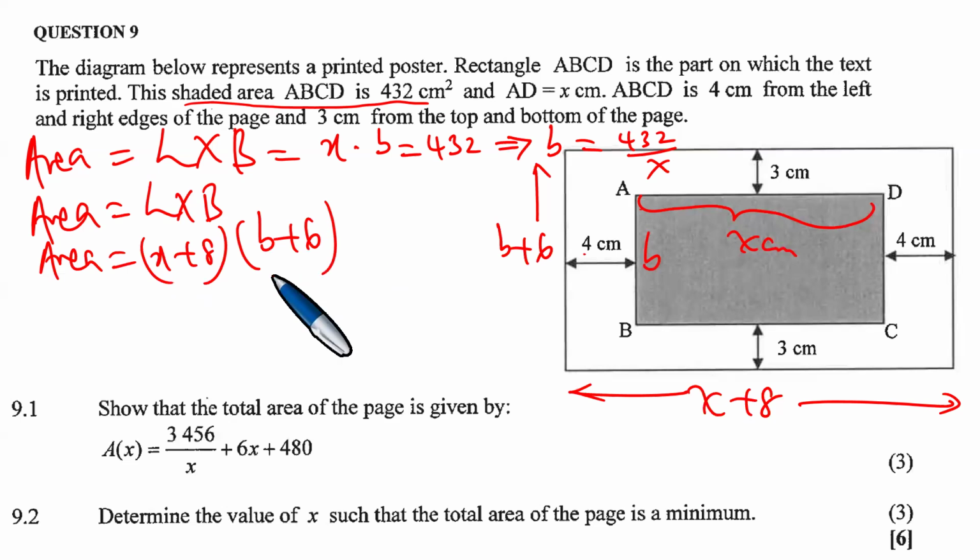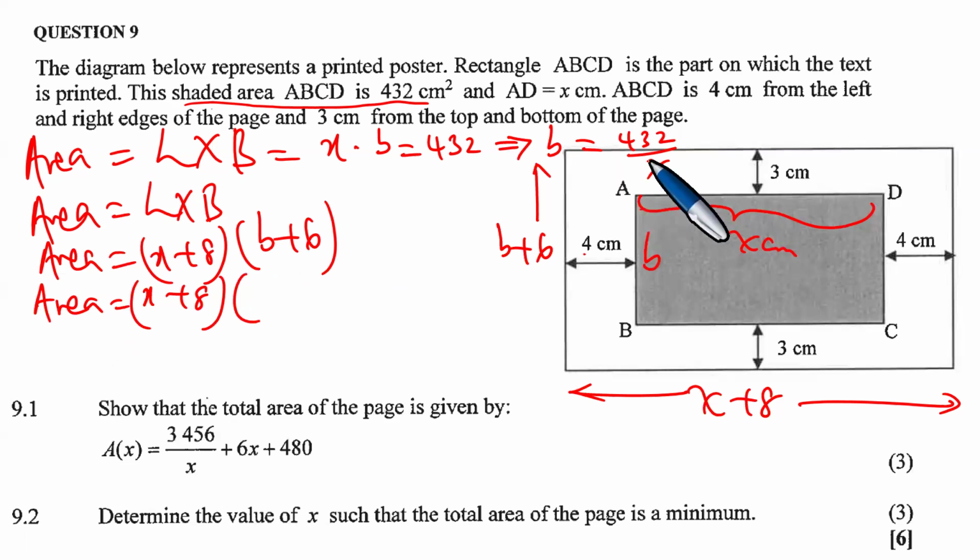As we proceed to analyze this question, we are able to find more interesting facts. So the area becomes x plus 8 times the breadth. What is the breadth? The breadth is actually 432 out of x plus 6 exactly. So which means that the area, we can call it A as a function of x.